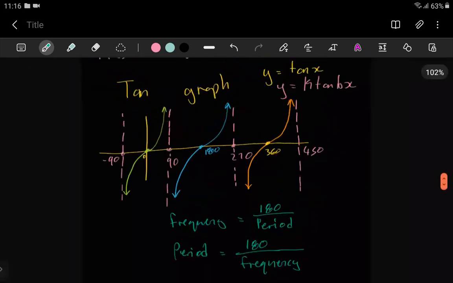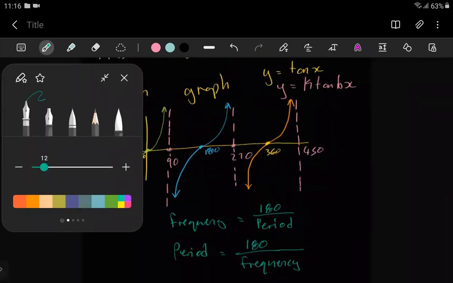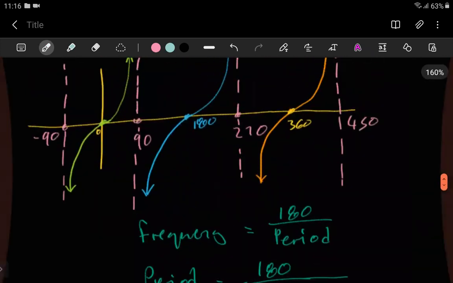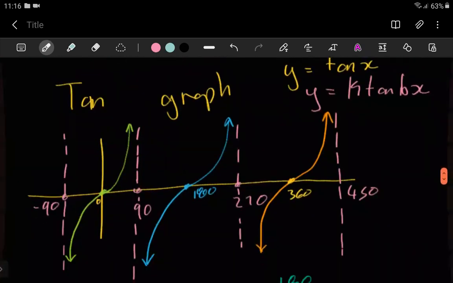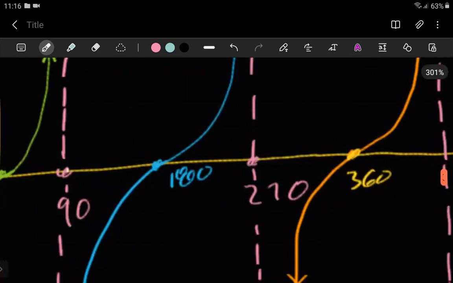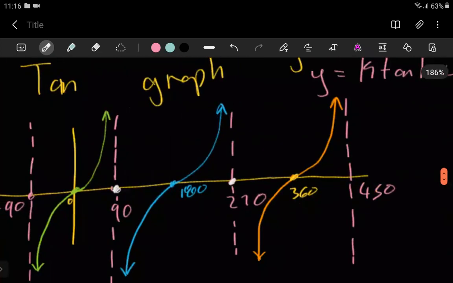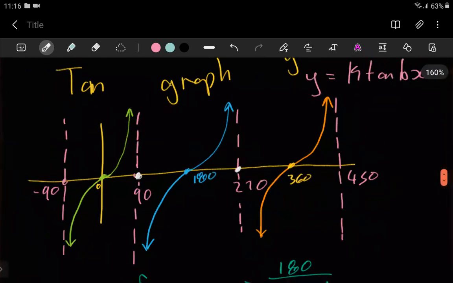Now, with what we have just drawn out, we can easily tell what the frequency is and what the period is. In this graph, the frequency is 1 because in a space of 180 degrees, you have one graph. The period is 180 degrees because it's taking 180 degrees to get a full graph. You see.